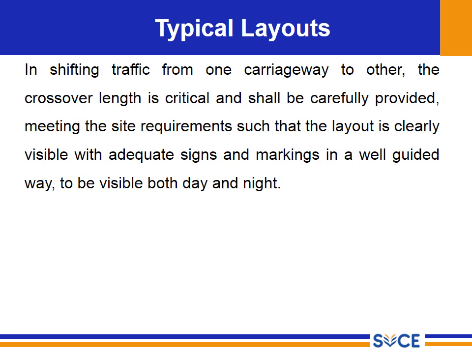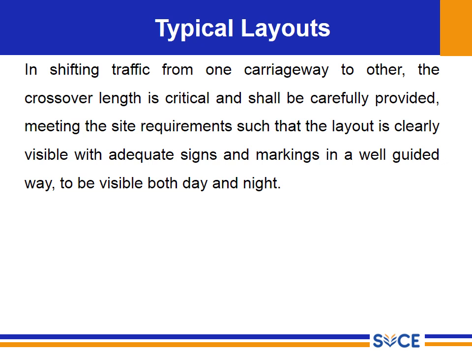Crossover length depends upon the width of the median. Especially in urban roads, the median width is very small, maximum 0.5 meter, whereas on rural roads like national highways, to avoid the nighttime glare effect, they provide a median width of 5 to 6 meters.